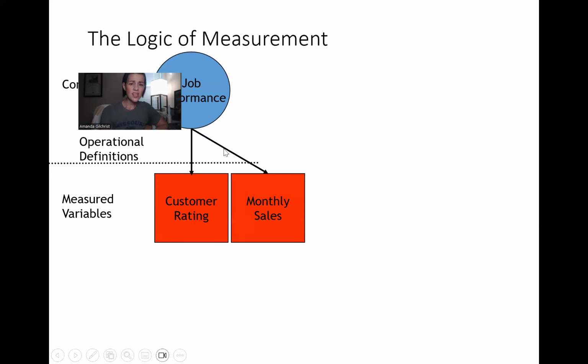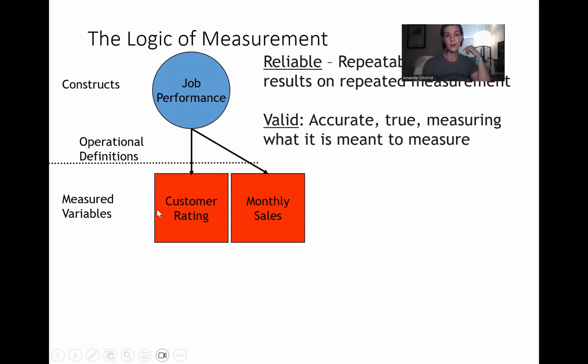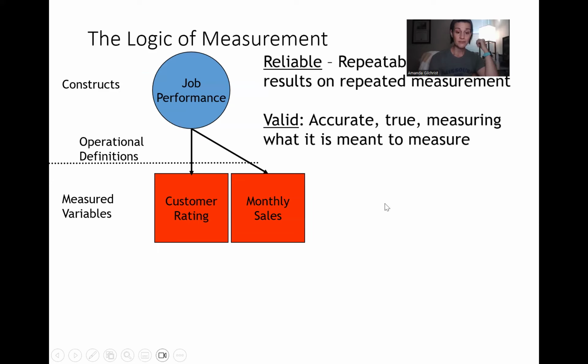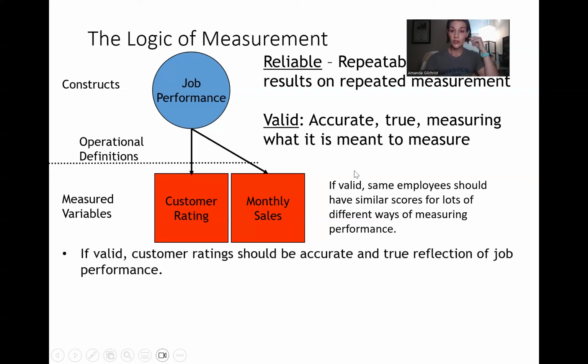So let's talk a little bit more about measurement. Let's say we have a measure of job performance, and we have customer rating, and we have monthly sales. Here are our definitions of reliable and valid, which I have just shown you. Now, if they're valid, the same employees should have pretty similar scores for a lot of different ways of measuring performance.